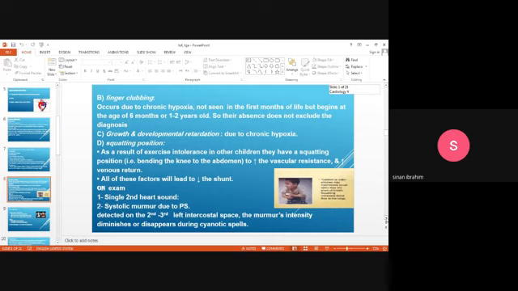A murmur from a shunt needs a small tunnel and a difference in pressure between the right and left ventricle. In tetralogy of Fallot, because of the overriding of the aorta, the VSD will be very large, and the pressure between the right and left ventricle will be equal.